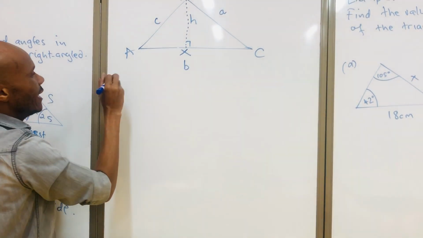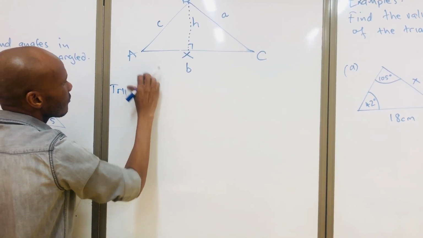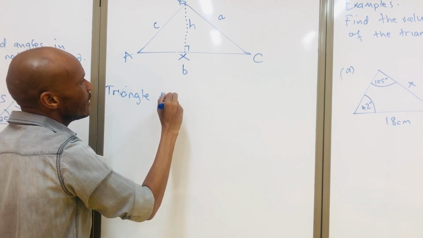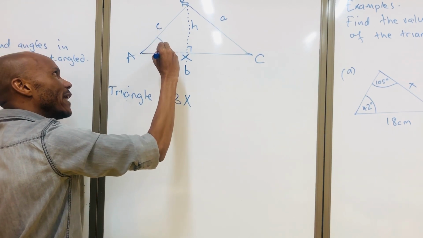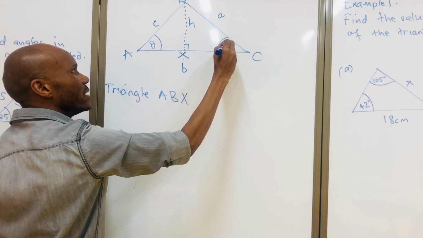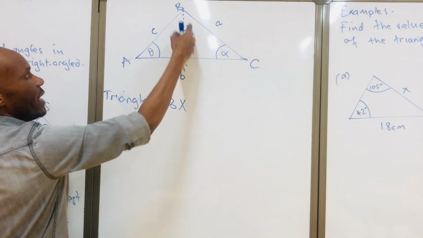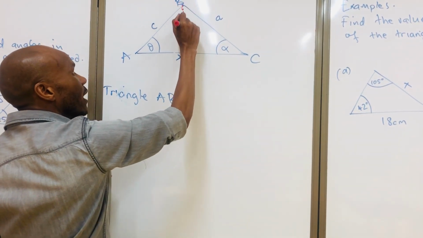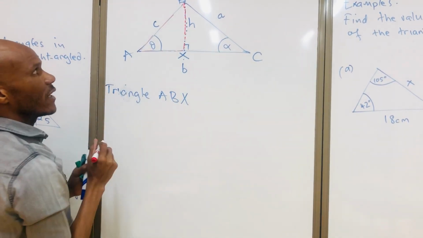Let's look at triangle ABX. Let's put an angle there. Let's say that angle is theta, and that angle is alpha. So here we are looking at a different right angle triangle.